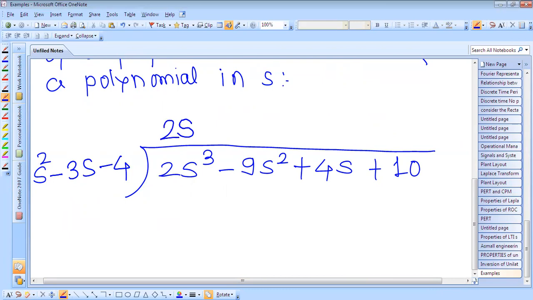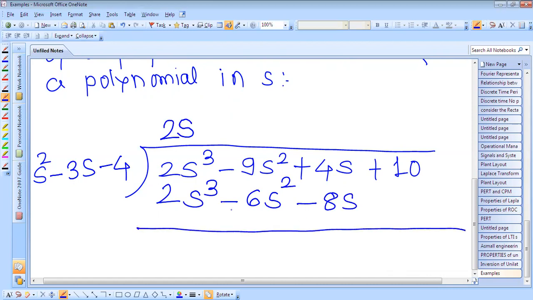Now we have to multiply this whole expression by 2s. So 2s into s squared is 2s cubed, 2s into minus 3s is minus 6s squared, and 2s into minus 4 is minus 8s.